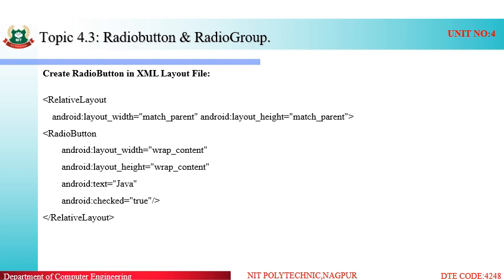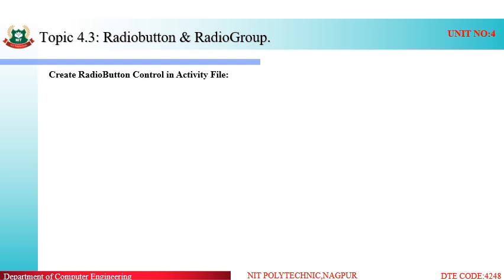We have given the attributes layout width and layout height equal to wrap content, which means it will wrap itself inside the layout according to the contents, that is the text we have provided. Text property we have given as Java, and android:checked we have made true. That means the radio button will be visible on the UI screen as checked. Also we can create the radio button programmatically in the activity file.